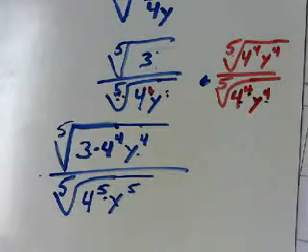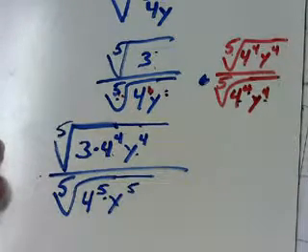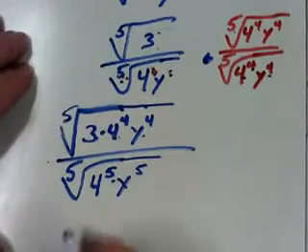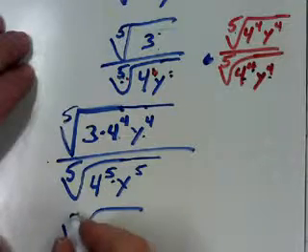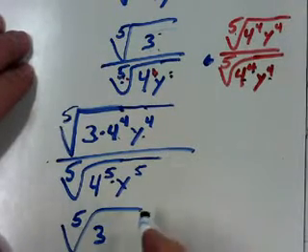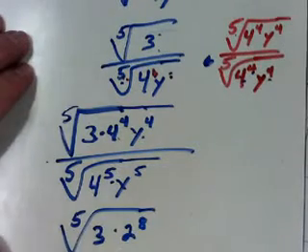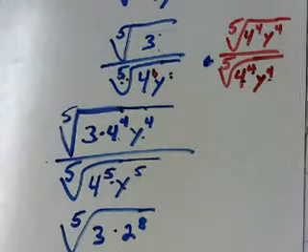Why did I say I'm going to have to do something here? If I leave it this way, I could rewrite the 4 as 2 to the 8th. How do I know that it's 2 to the 8th?